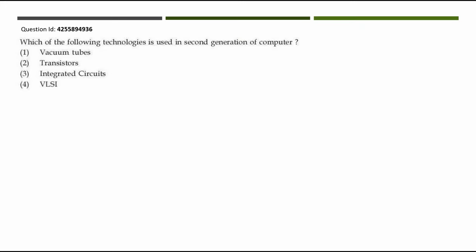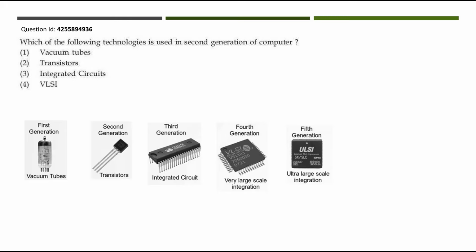Next question, which of the following technologies is used in second generation of computer? This kind of question was asked in the previous year question. They have asked us to arrange it according to the generation from first one to fourth one. Here they are specifically asking for second generation. So the first generation is about vacuum tubes. The second generation is transistors.